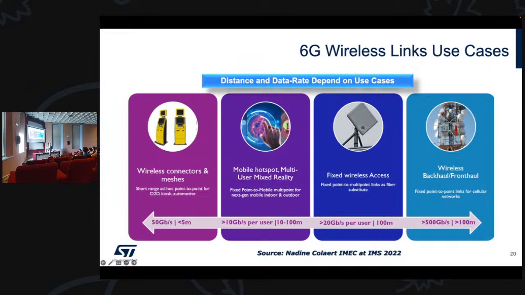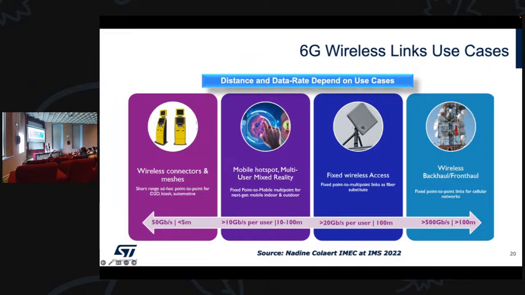The second one is mobile hotspot, mobile user, mixed reality, and so on. This is a point to mobile, so if you focus, you have to follow. It is mobile indoor, but it can also be outdoor. The data rate is limited to 10 gigabit per second.